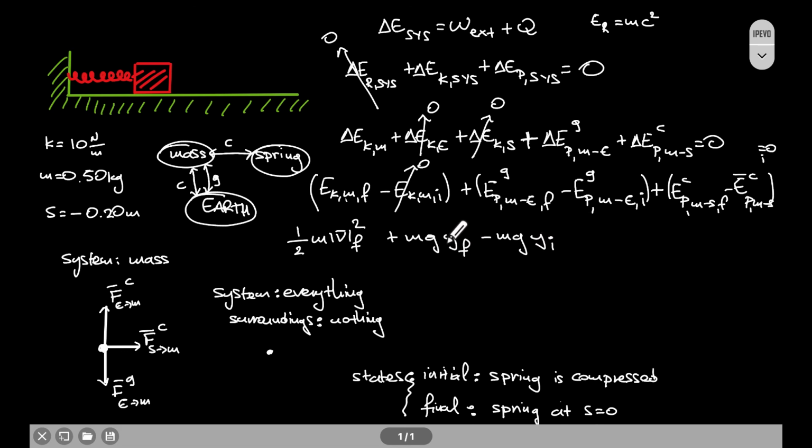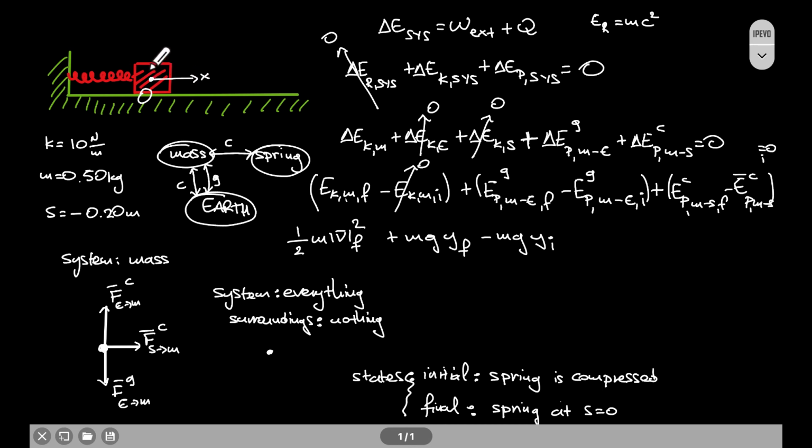Now, before I move on, I want to mention something here. The mass is moving on a horizontal plane, on a horizontal line. That means the height of the mass is the same in the initial and the final state. Here I am using y initial and y final, and I haven't defined those. So how about I make the origin of the coordinate system be in my initial state.